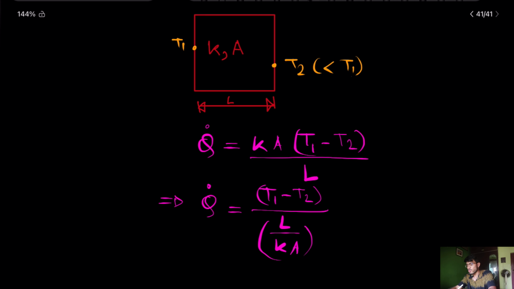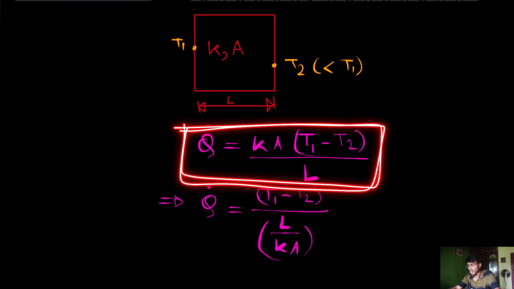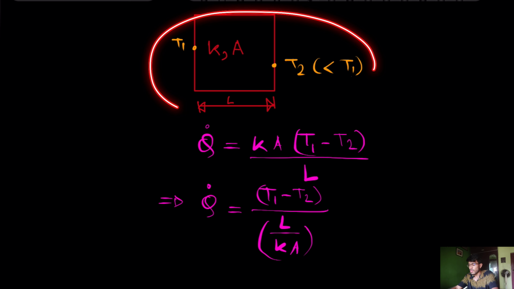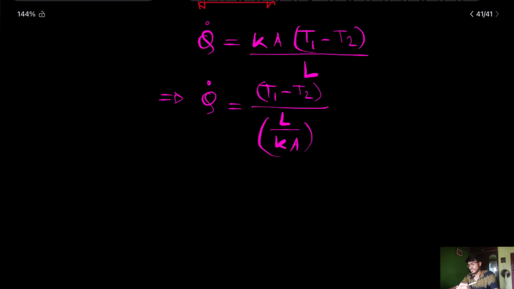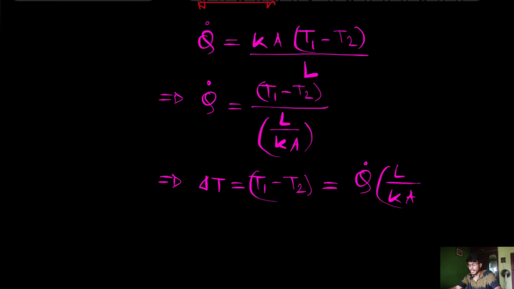Now don't ask me how you get this. If you are not getting this, then you can always derive it from the governing equation from scratch. There is no heat generation, it is one dimensional, it is steady state, and with Dirichlet boundary conditions on both walls. Now I can write this as delta T, that is T1 minus T2, is equal to Q into L by KA.